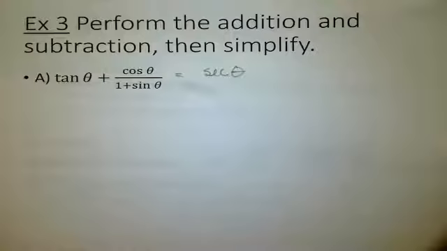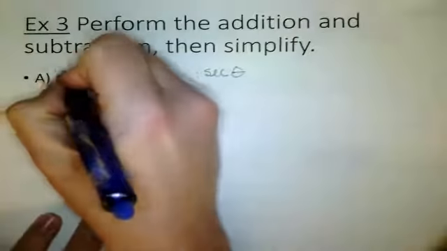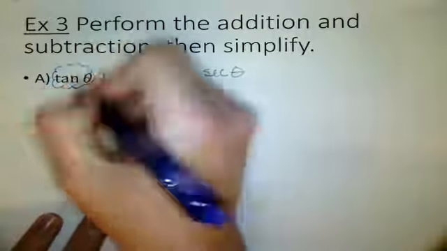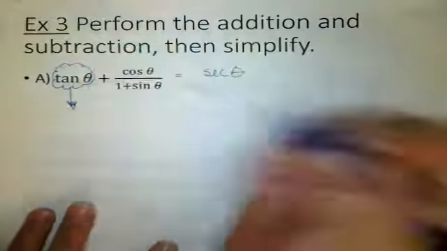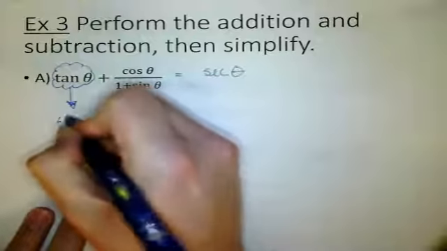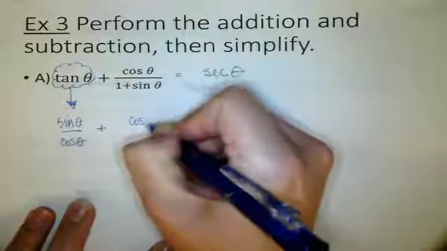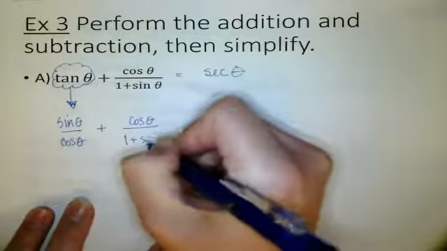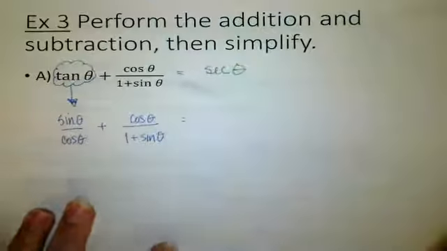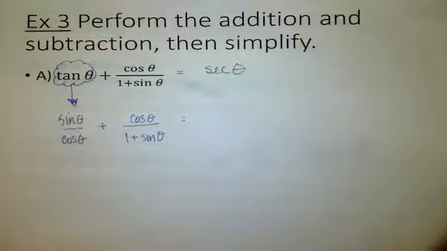What am I thinking about doing first? Trading the tangent in. What can I trade tangent in for? Sine theta over cosine of theta. Very good, because just 2 trig functions is better.